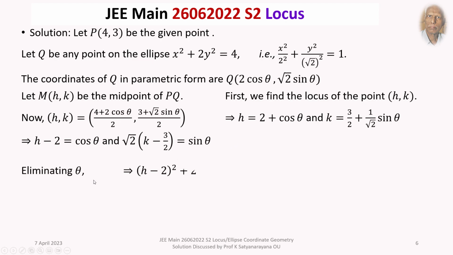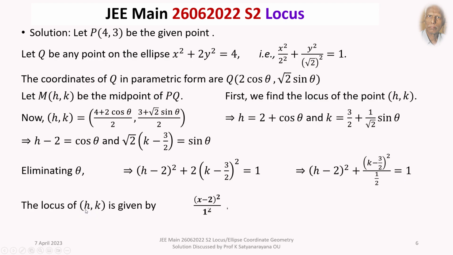Eliminating theta, we get (h minus 2) whole squared, that is cos squared theta, plus the square of root 2 into (k minus 3 by 2), that is 2 into (k minus 3 by 2) squared, is equal to 1. Writing this as (h minus 2) whole squared plus (k minus 3 by 2) whole squared by 1 by 2 is equal to 1.